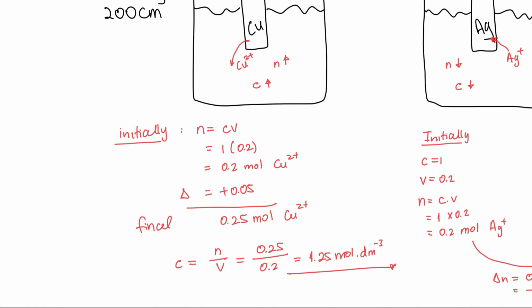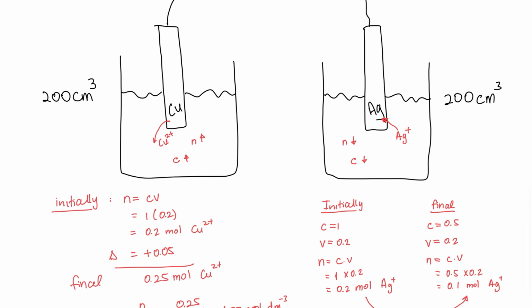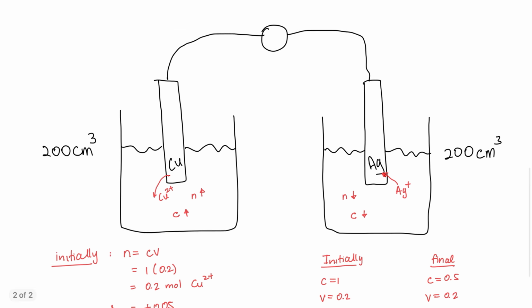Now, of course, there is a different way to do it, but this way is dependent on certain things. So one of the things is that the volume on both sides needs to be the same. If the volume on both sides is the same and the starting concentrations are the same, we can do a quick little shortcut.